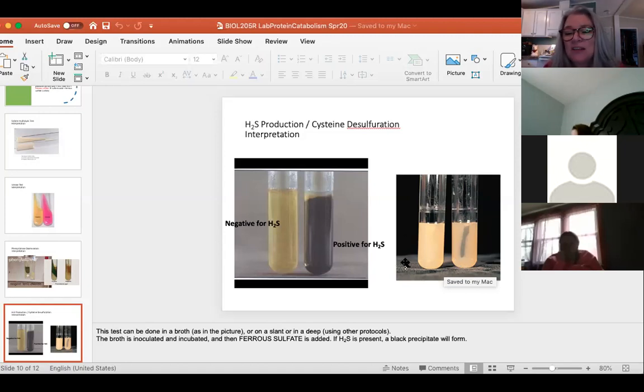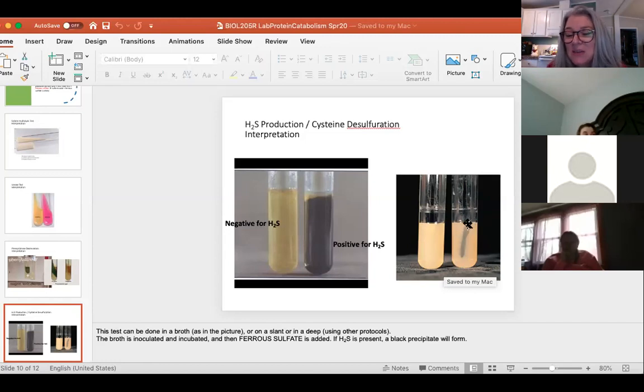But when you're doing this test, this desulfuration test, remember, we're looking for a black color. And I think you can see that there's black all the way along the stab line where this tube was inoculated. So this would be a negative result for hydrogen sulfide, and this is a positive result.